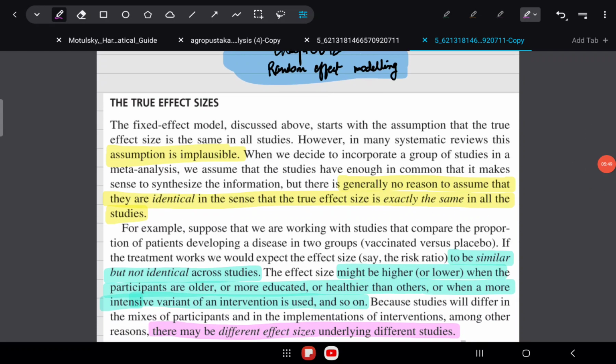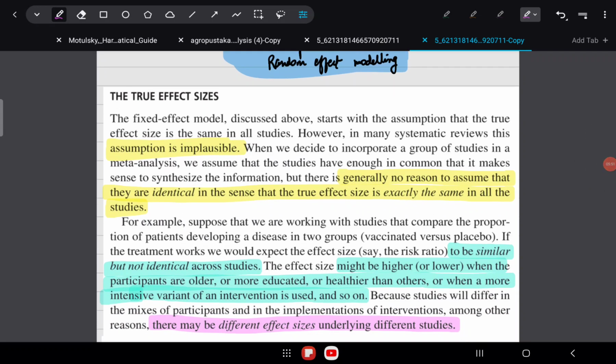In random effect modeling, the difference is that the assumption of the distribution of the study effects is different. See, many times when we are doing a systematic review or meta-analysis, we are collecting a group of studies from literature, and these studies are very different in their study design, or some of the variables in the study may be quite different, right? So this assumption that these studies have the same effect size is implausible in those cases.